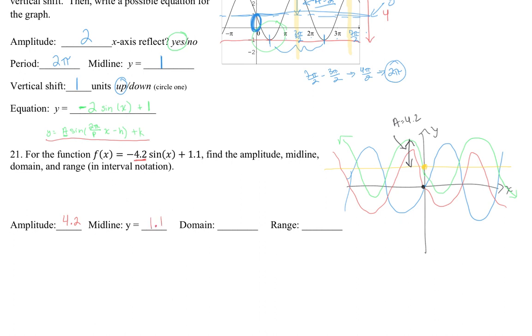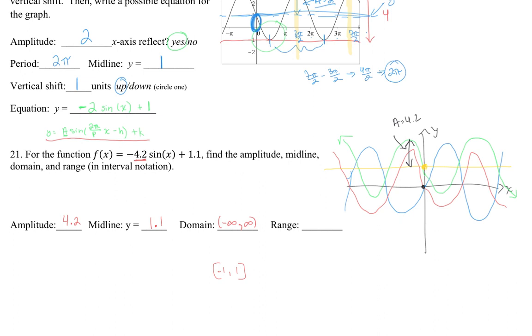Now our domain is the same. We're going from negative infinity to positive infinity. And our range, the way to find a range is, normally our range would be going from 1 to -1. That would be our range.